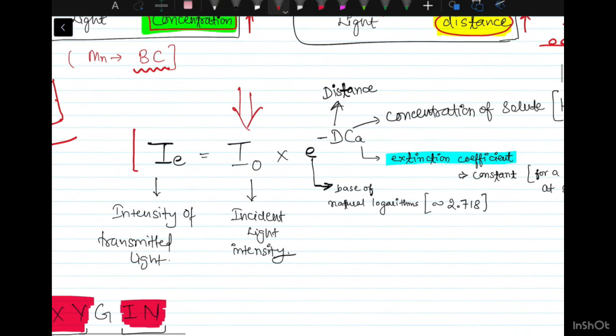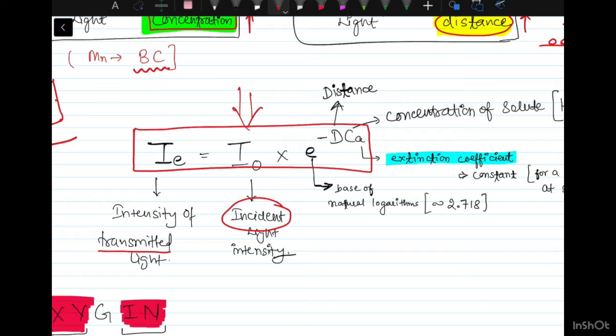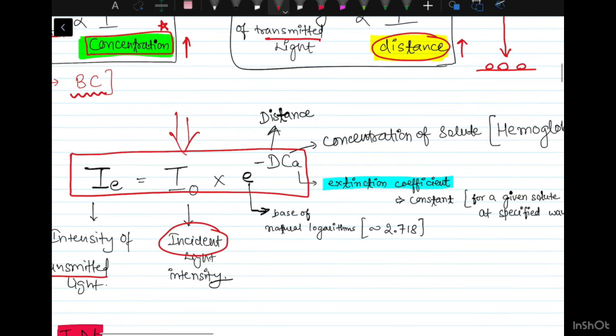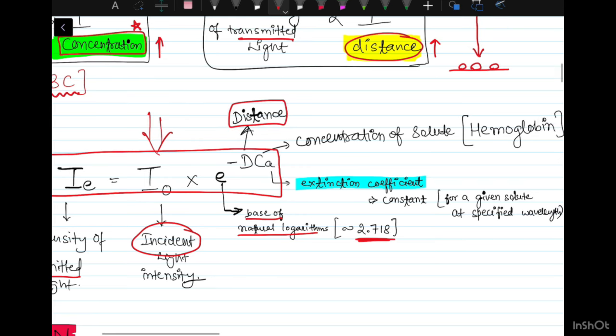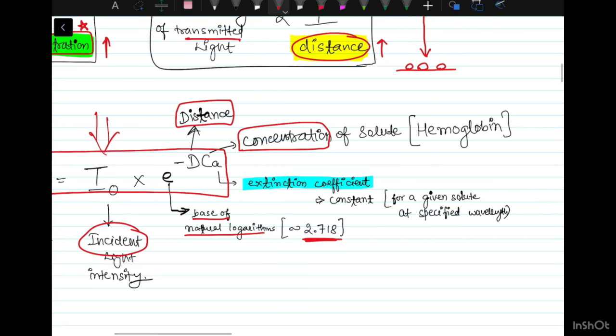Now combining these two laws, there is an equation. You have to remember this equation for the pulse oximetry. So the intensity of the transmitted light is equal to the incident light intensity into e, that is the base of natural logarithm, which is 2.718. Now e is to the power minus a d c. D is for distance, that was the Lambert law, and C is the concentration, which was the Beer's law.